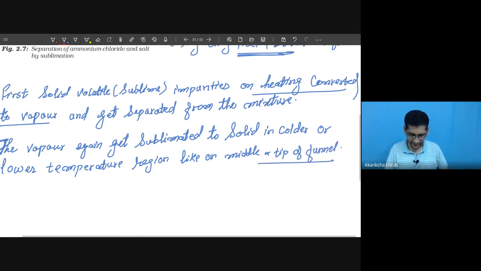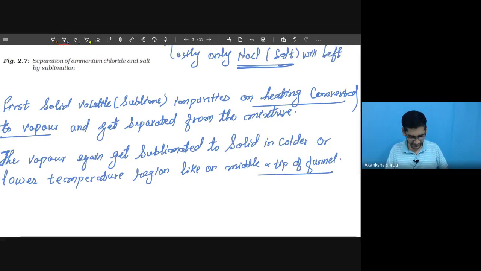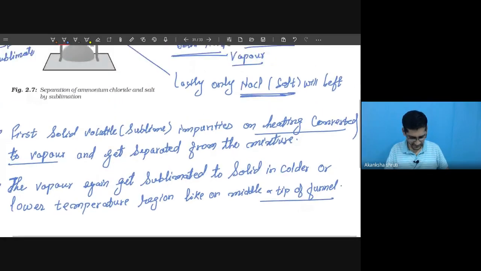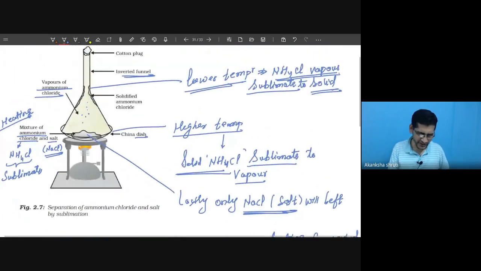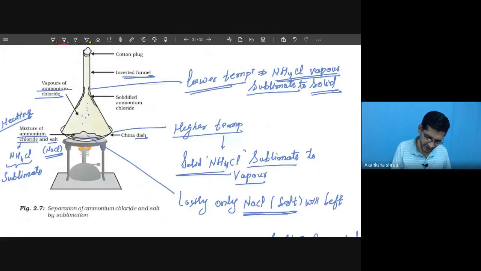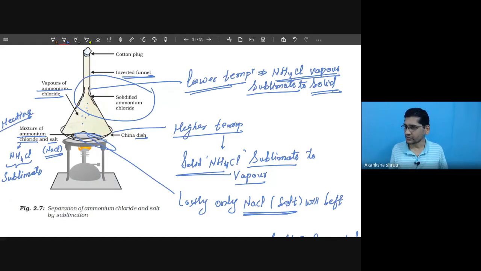So this way we have obtained the ammonium chloride in this region. This region gives us the ammonium chloride, but this region will finally give the sodium chloride.